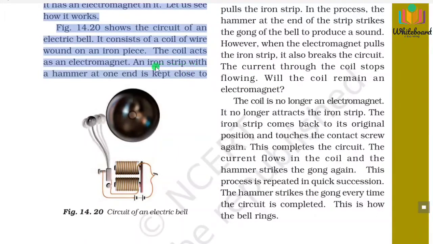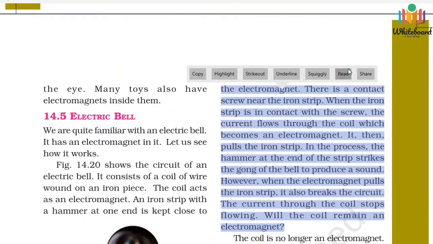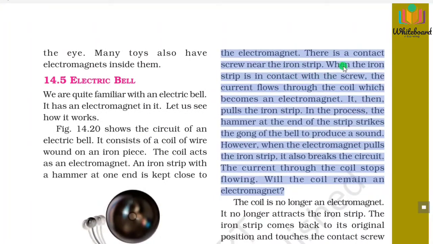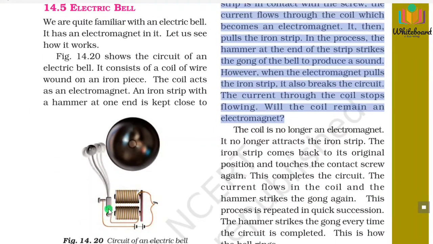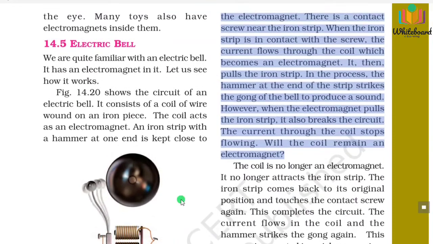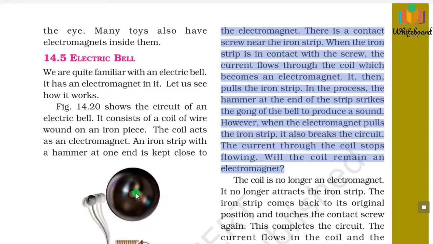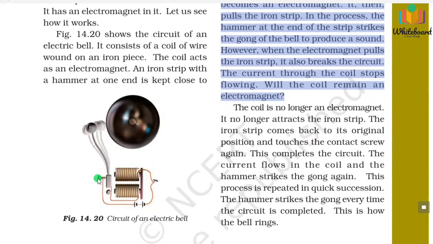An iron strip with a hammer at one end is kept close to the electromagnet. There is a contact screw near the iron strip. When the iron strip is in contact with the screw, the current flows through the coil, which becomes an electromagnet.